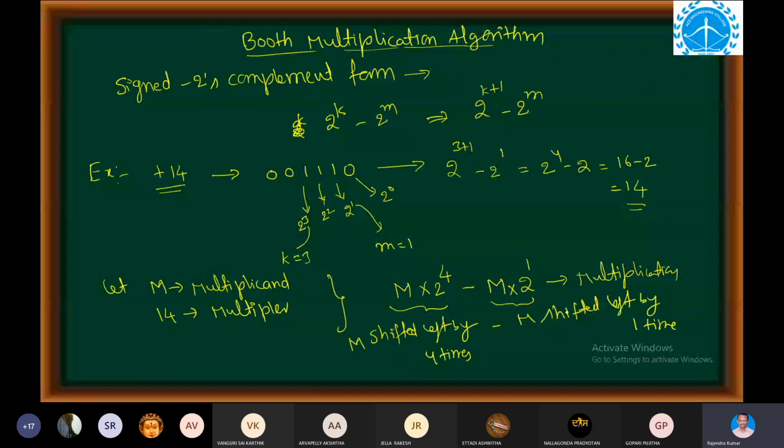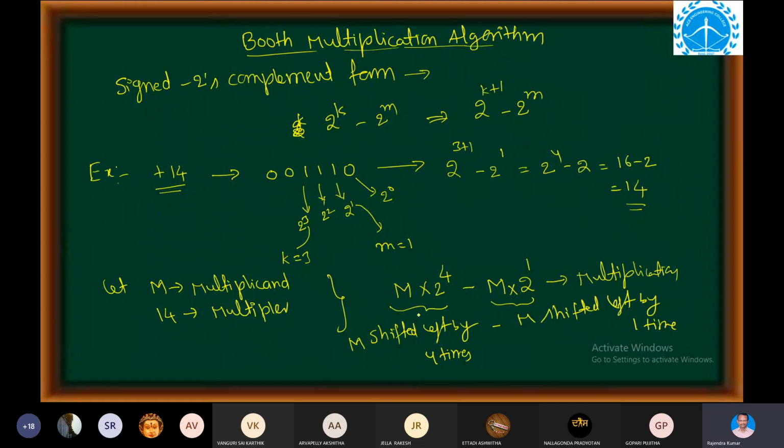When m is shifted left by 4 times, we get one binary data. That binary data minus the multiplicand shifted left by 1 time, which gives another binary data. So this binary data minus that binary data, we will get the multiplication.